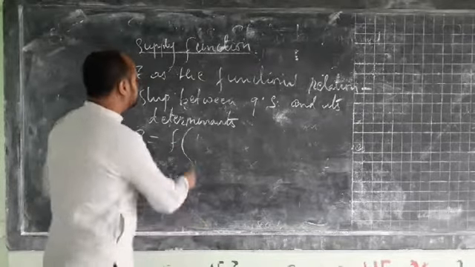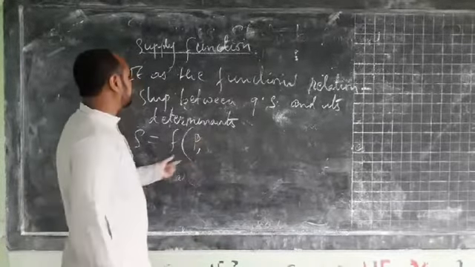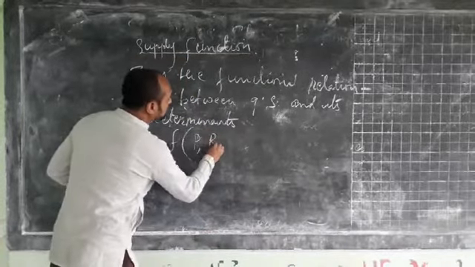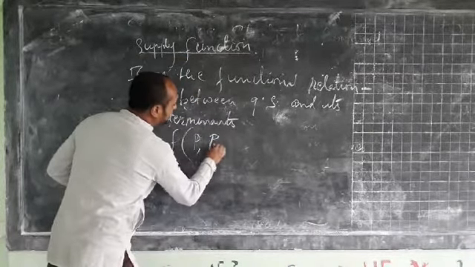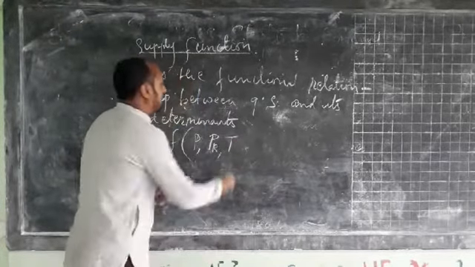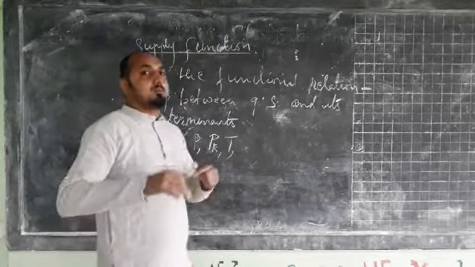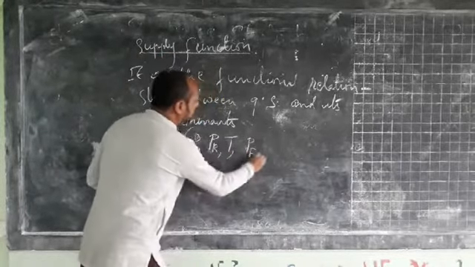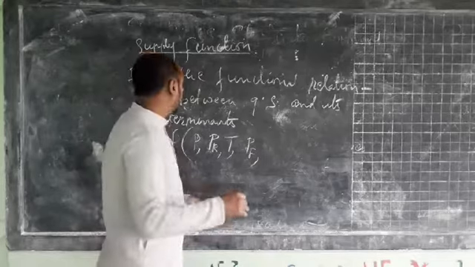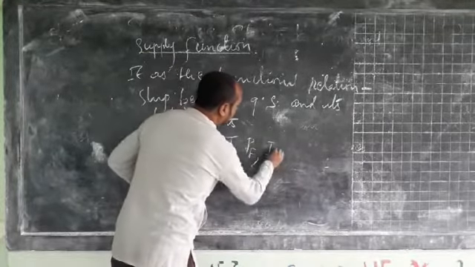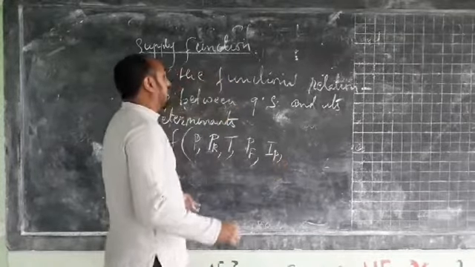What were the different determinants? Price of commodity, let's represent this P as price of commodity. Price of related goods, let's represent that one by PR. Technology, that's represented by T. Prices of factors of production, we can say PF. Then input prices, let's represent that one as IP.